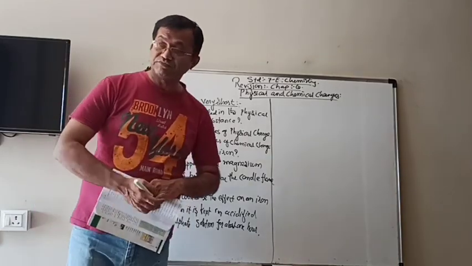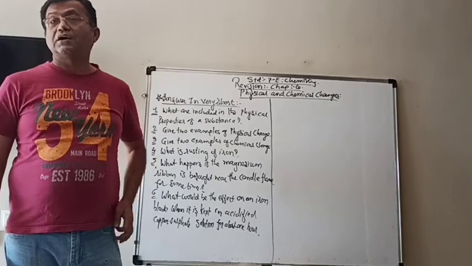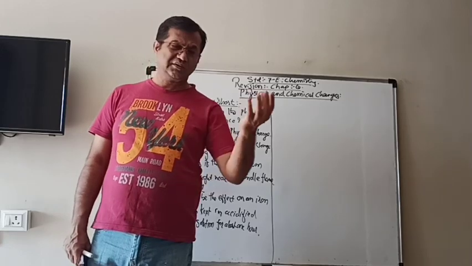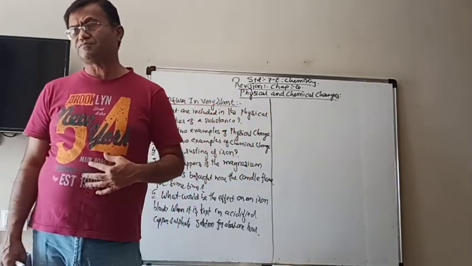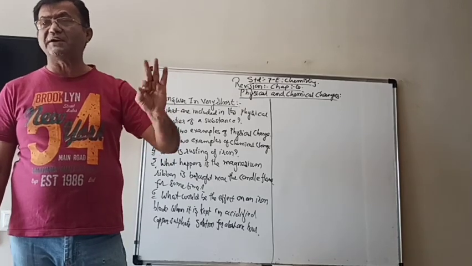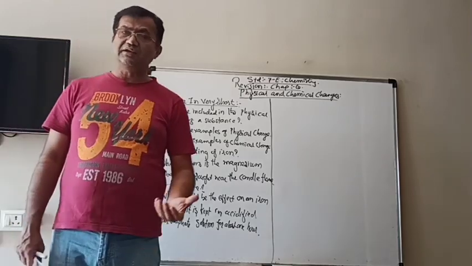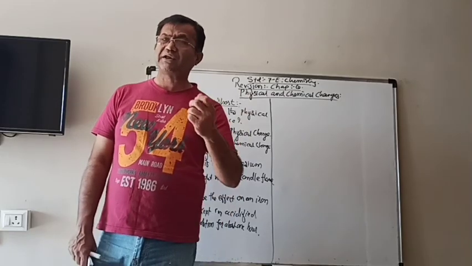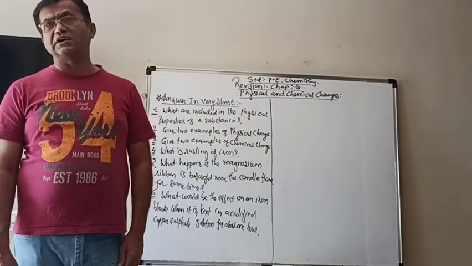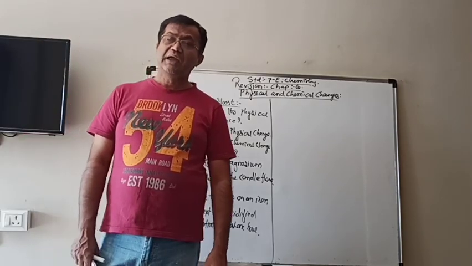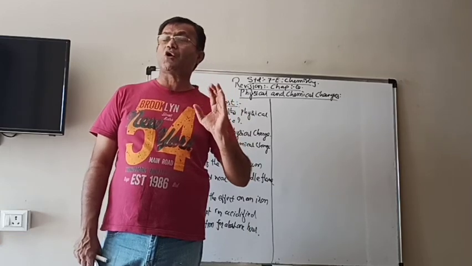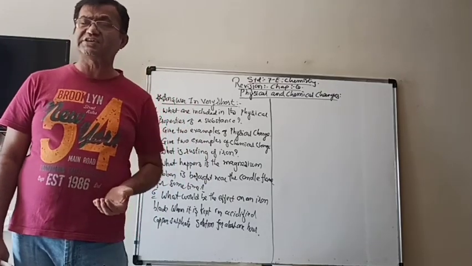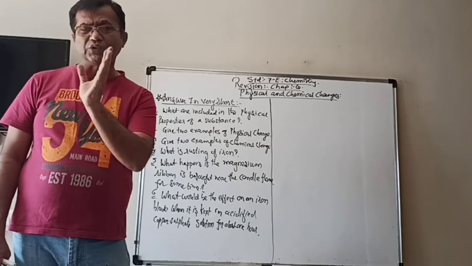We discussed that when an iron blade or any object like iron nails or any other small piece of iron is kept in acidified copper sulfate solution, a layer of brown-red copper is deposited on the surface of the iron blade, and the color of the copper sulfate solution fades, meaning it changes its intensity from dark blue to a lighter blue.